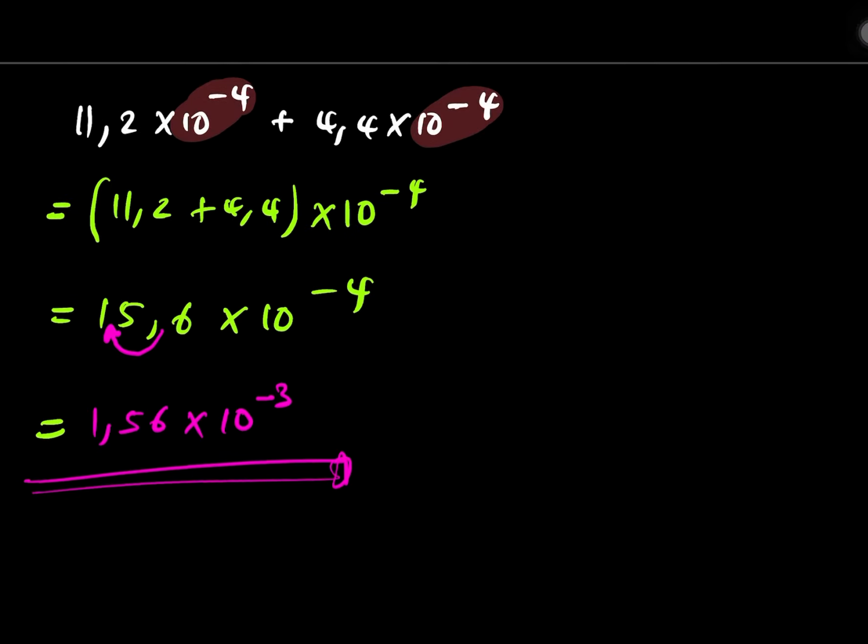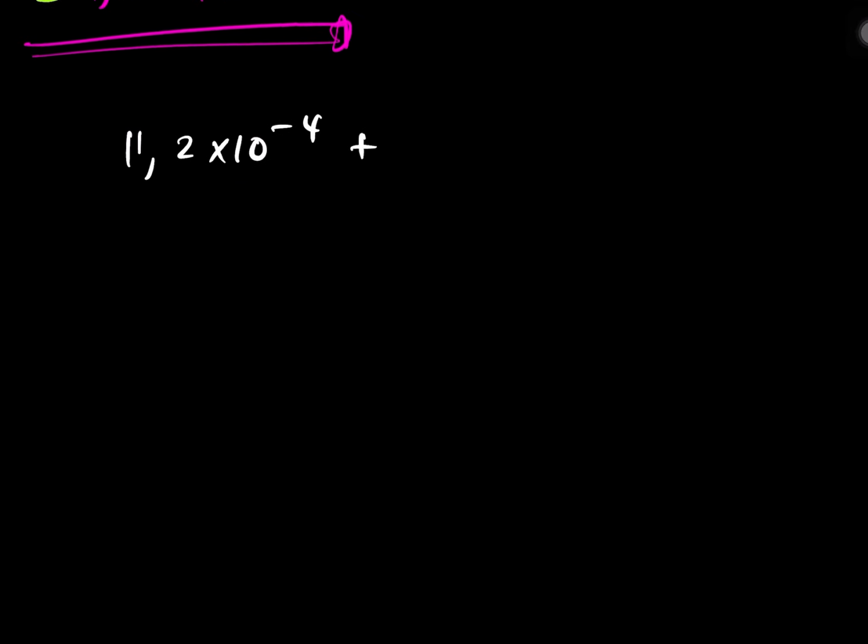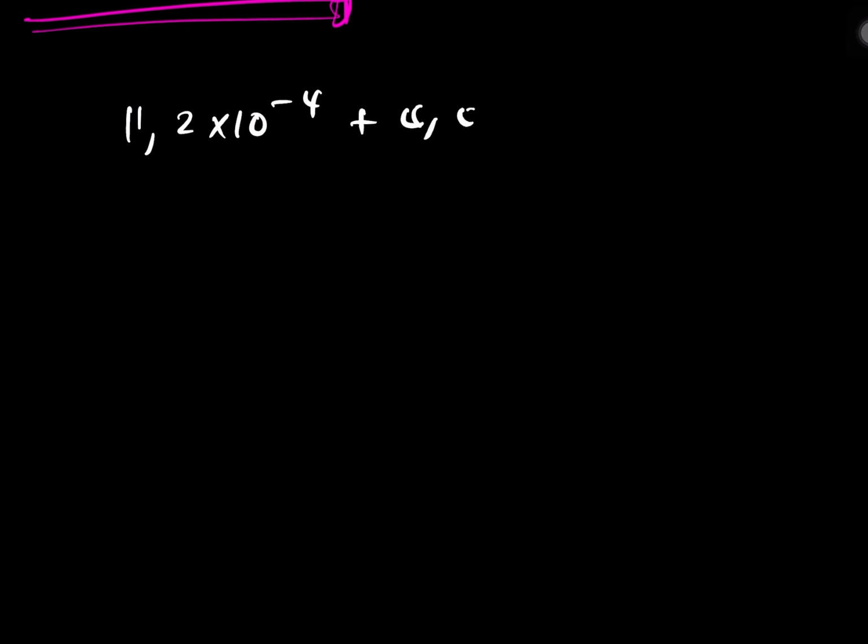But pay attention now. How about if you have maybe the same problem? 11.2 multiplied by 10 to the power negative 4 plus 4.4 multiplied by 10 to the power negative 3.